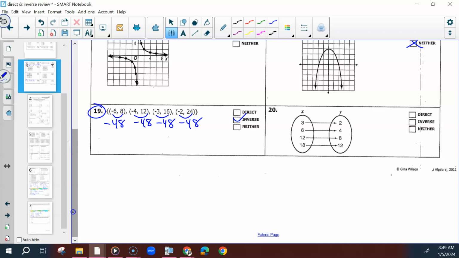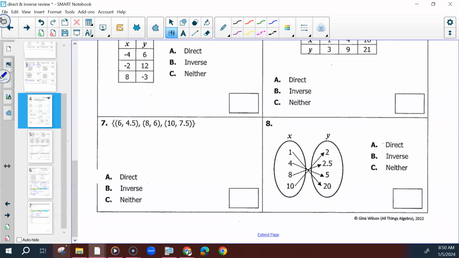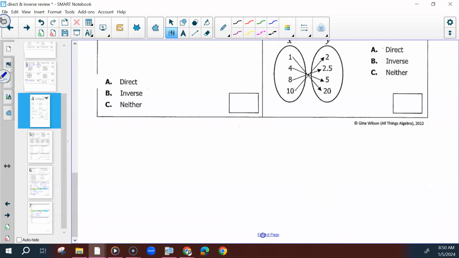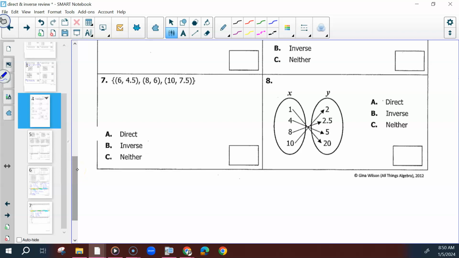Eight on the previous page or the next page? So when you read your mapping, you're looking for which x goes to which y. If you need to, highlight it so you can see a little bit better. Do you think these are going to be direct or inverse?